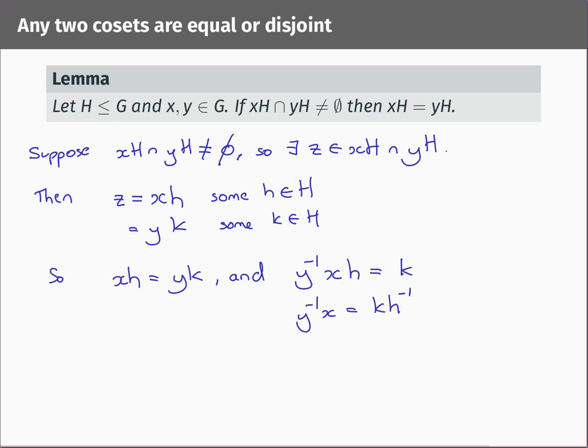Now, I claim that what's on the right-hand side of that equation, kh to the minus 1, is an element of the subgroup H. So the reason for this is that h is in H, so h inverse is in H, because H was a subgroup, so it is closed under taking inverses. So kh to the minus 1 is in H, because H is a subgroup, so it's closed under taking products.